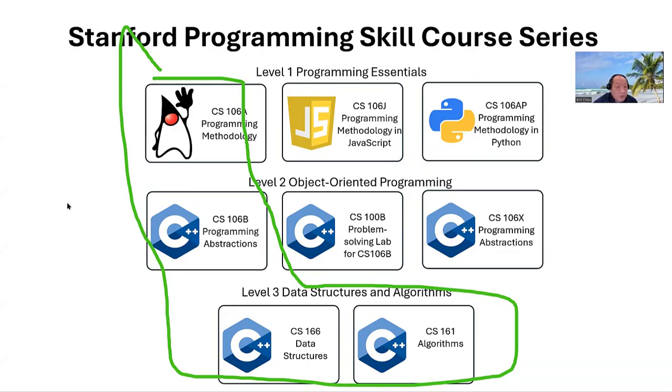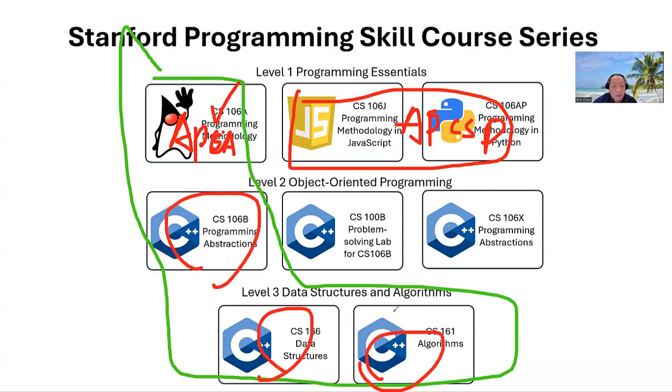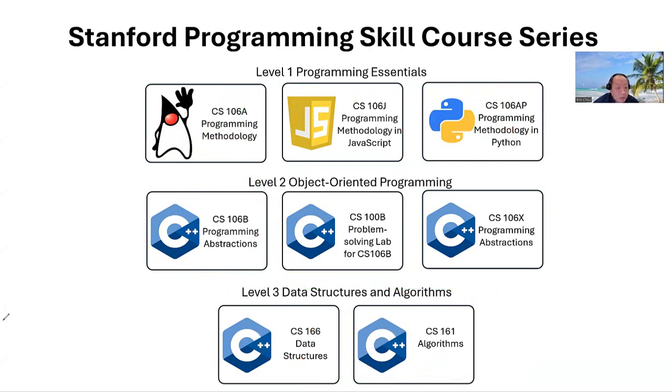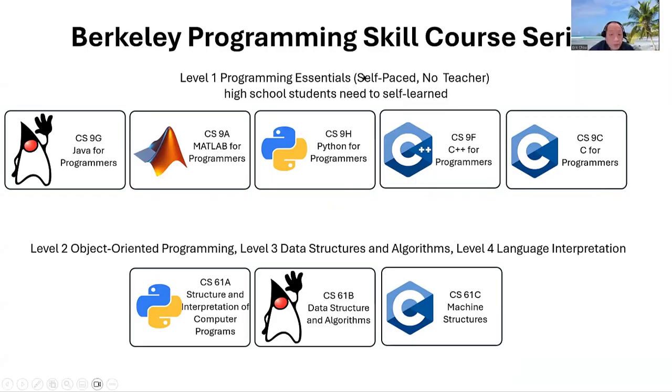So for us, we use APCSA to learn these, APCSP to learn this, and then in the third year, we teach you C++ 1, 2, 3, which covers this. That's why you want to learn C++ from us. For Berkeley, they don't teach you this.